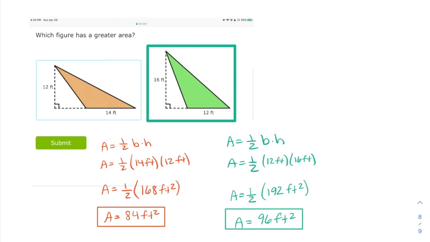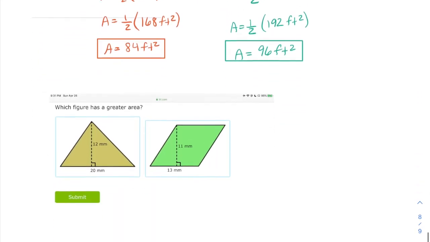Again, look at this. These are your altitudes, so these are your heights. The bases are the sides. You don't get that choice when the sides are given to you like that. But it's not going to matter because you're multiplying anyway. So it's all going to be the same.